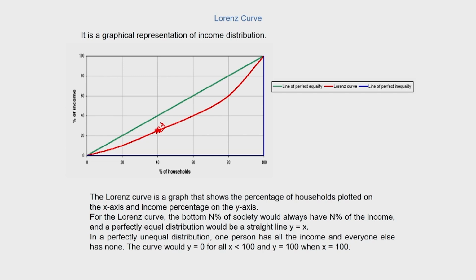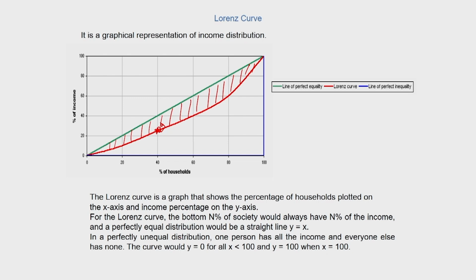This is one of the simplest Lorenz curves, and there are two things being shown here: the area between the line of equality and the Lorenz curve, which shows by how much the households are earning below the line of equality, and from the Lorenz curve we generally come up with the Gini coefficient. So the Lorenz curve is a graph that shows the percentage of households on the x-axis, and income percentage on the y-axis.